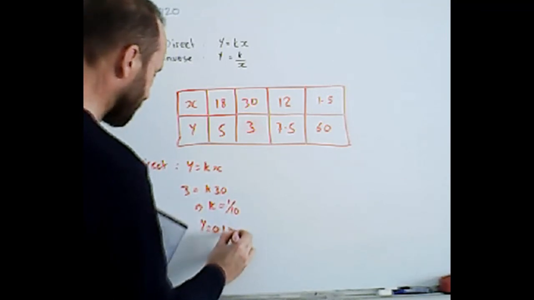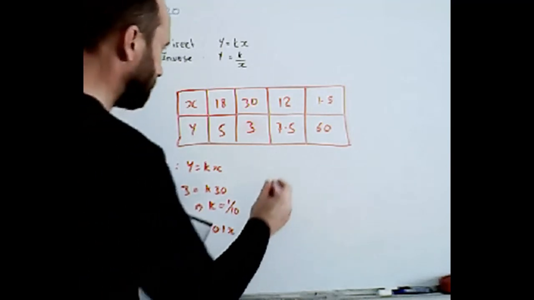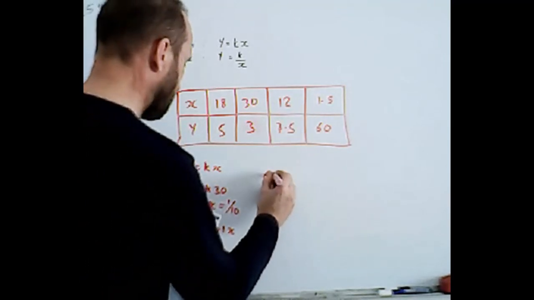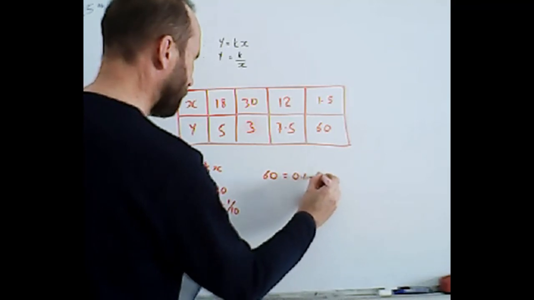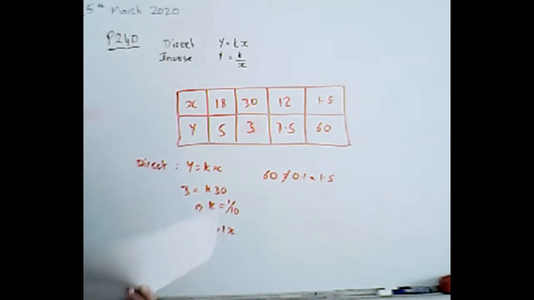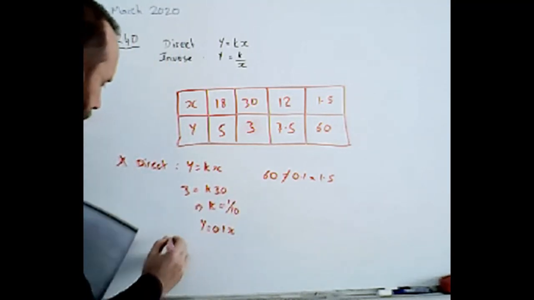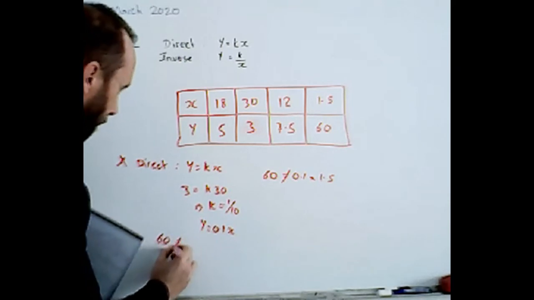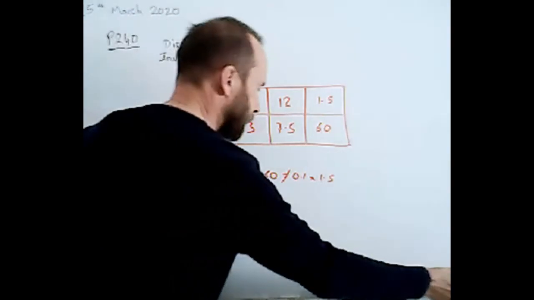Let's try it with one of the other ones. 60 equals 0.1 of 1.5. No, it doesn't equal that. So it's not directly proportional.